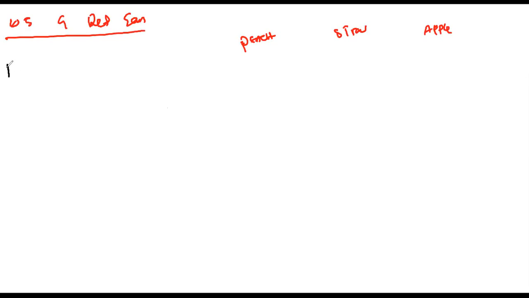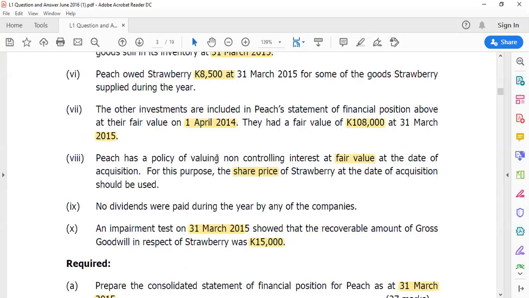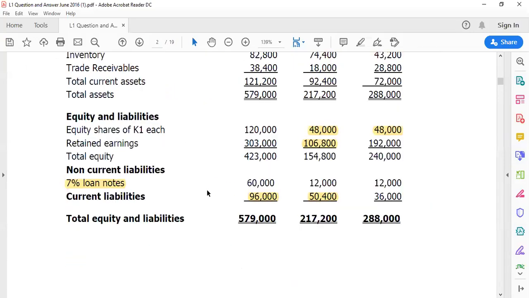So what is our retained earnings per question? Per question, we simply go back to our SFP and get the figures. What were retained earnings?